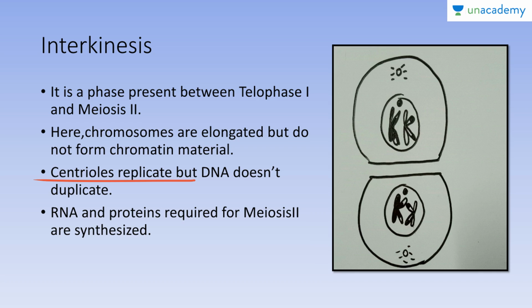Now chromosomes are elongated, but they won't form the chromatin material, as you already learned in the Telophase I. They are elongated, uncoiled, but still they are straight. Now, though DNA is not replicated, RNA and other proteins which would be required during meiosis II are synthesized during this process. And this finally completes our interkinesis.